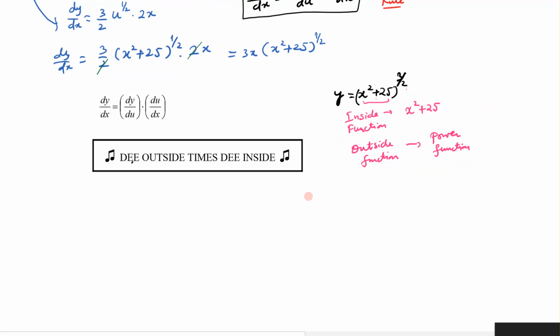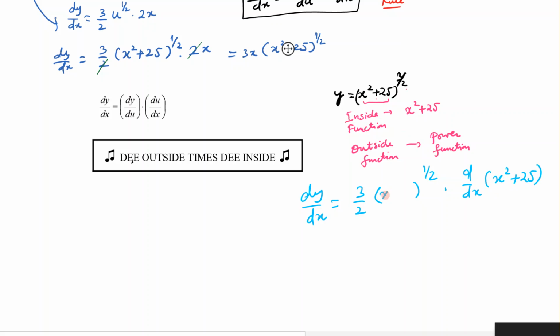When we take the derivative and apply the chain rule, I will take the derivative of the outside function. The outside function is the power function, so bring the power down and reduce the power by 1, times the derivative of inside, which is the derivative of x squared plus 25.